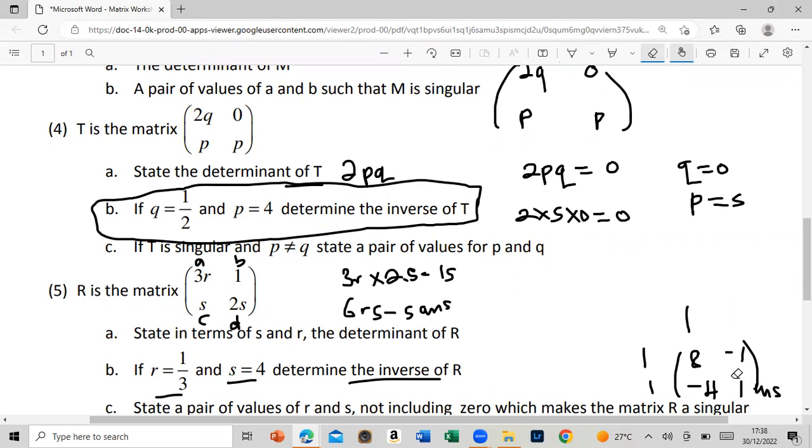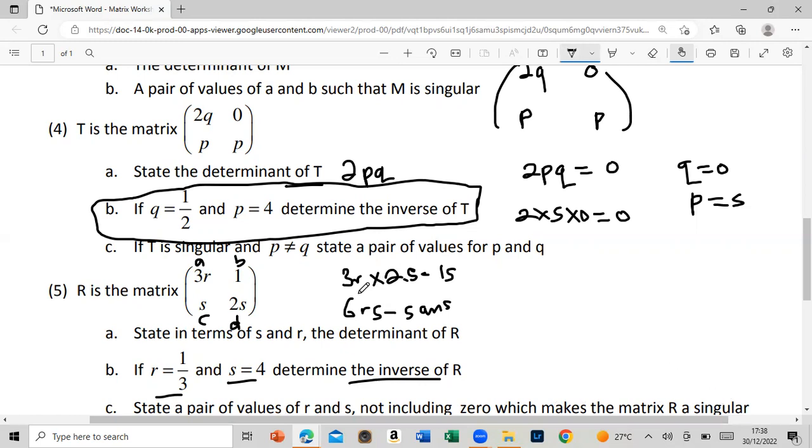All right, so let's go now. It says state a pair of values of R and S, not including 0, which make the matrix R a singular matrix.